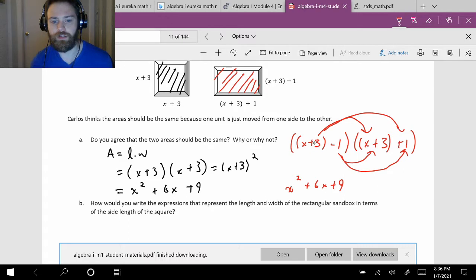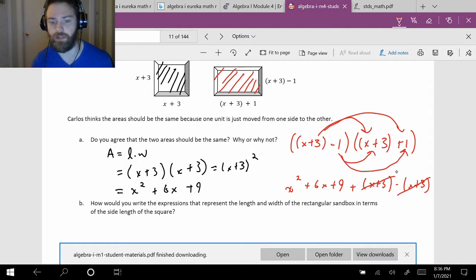Great. So then we have x plus 3 times positive 1, so that's going to be plus x plus 3. And we do the negative, so this negative will distribute to both of these terms, which gives me a minus quantity x plus 3. So I've got a plus x plus 3 and a minus x plus 3. Those will cancel, or add to be 0.